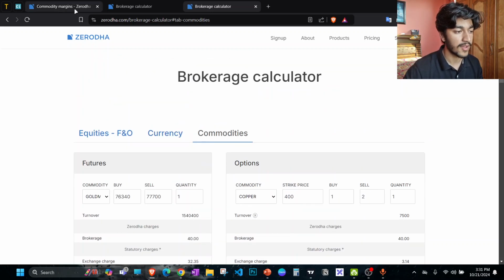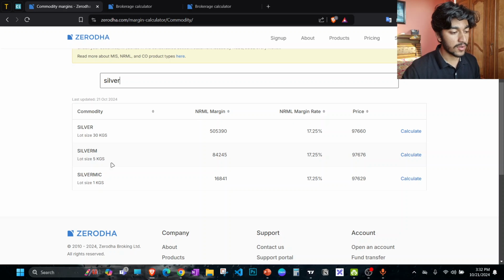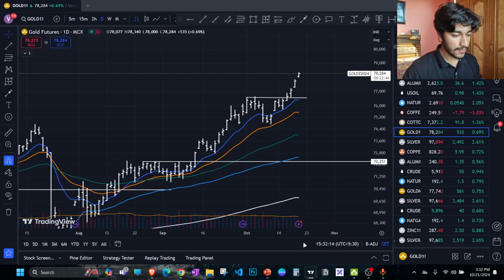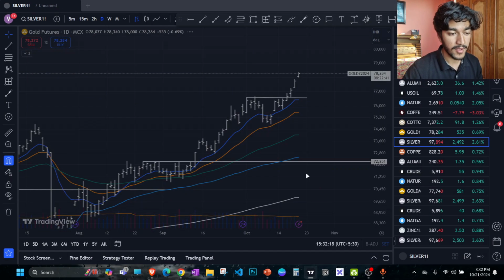If you want to trade silver, silver micro is actually very popular. Silver micro has a lot size of around 1 kg, and the margin requirement is around 16,841. So you can simply check the price of the silver futures.